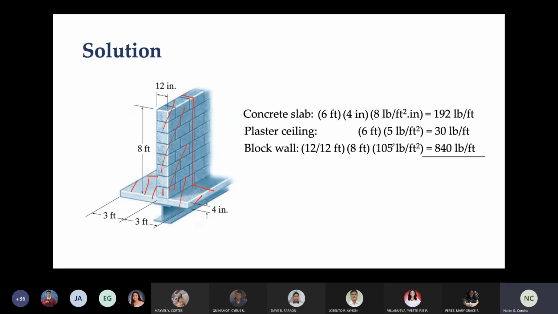And therefore, the total will be the sum of the three weights, 1062 pounds per foot. So for each foot length, the weight of all the elements is 1062 pounds per foot. And if, let's say, the length of the beam is 5 feet, then we multiply this by 5 feet and we have the total weight of the entire system of elements or system of members.